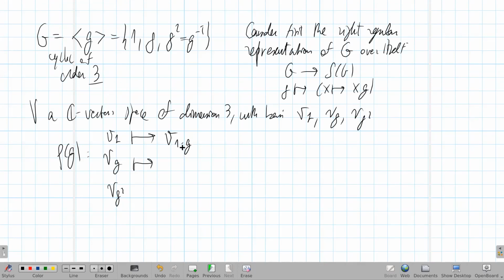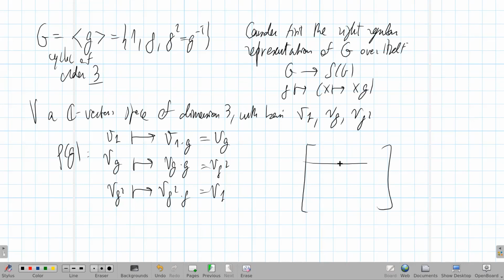It's the right action anyway. So V1 goes to Vg, Vg goes to Vg squared, and Vg squared goes to V1. So in terms of a matrix, I take a 3x3 matrix. As usual, I use labels for rows and columns that refer to the basis elements.